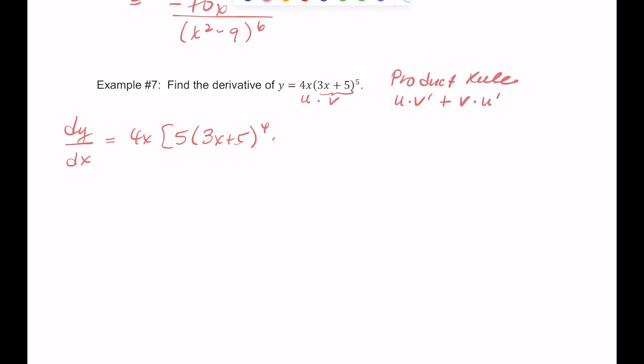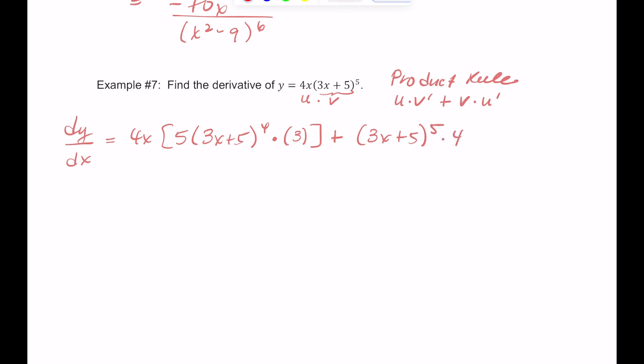And then it's going to be times the derivative of the inside, right? So this is the chain rule aspect of it. So it's your power rule times the derivative of the inside, which would just be 3. Okay, and then I've got plus v, and then times u prime. And u prime is just going to be 4.